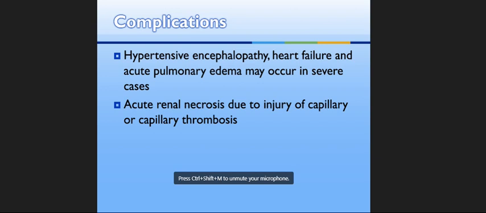But in acute renal necrosis, which is due to injury of the capillary or capillary thrombosis, we will again find many manifestations due to vascular thrombosis. And we are in front of acute renal necrosis, which is also a bad situation.